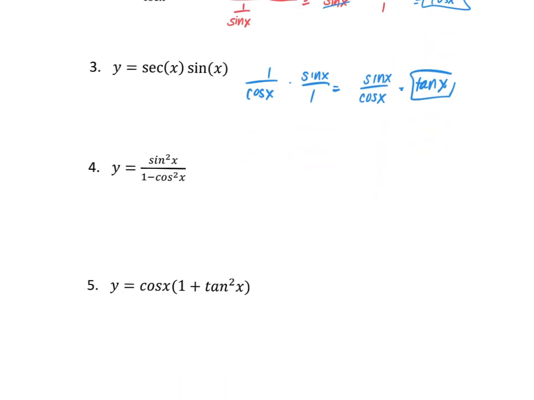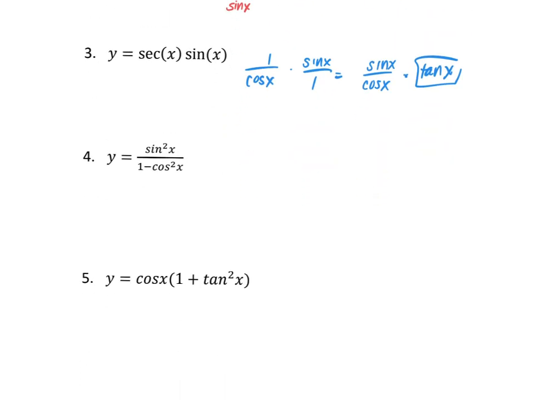Okay, next, sine squared divided by 1 minus cosine squared. This does remind me a lot of my first Pythagorean identity, so I'm just going to write it up here to have it handy. And the denominator, I think I could make into 1 minus cosine squared.